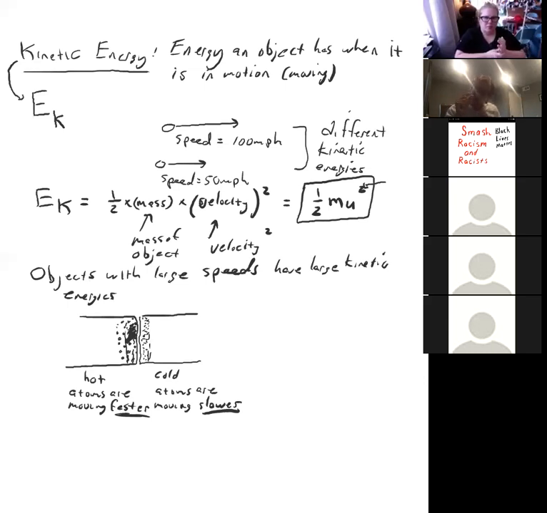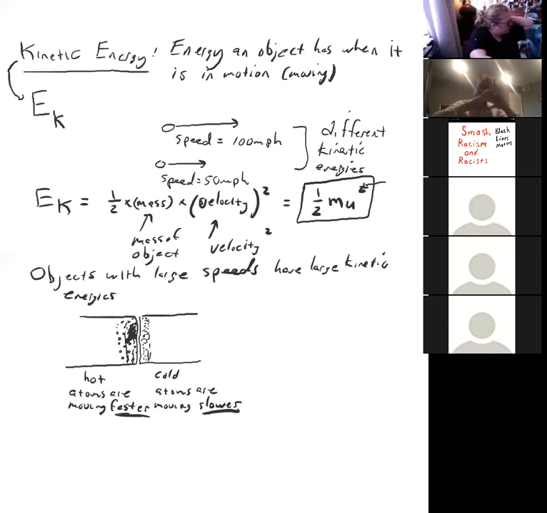They're not moving very quick, so they have less kinetic energy. So here's what happens. If you've ever played pool, if something is moving fast and it collides with something that's moving slow, what will happen is when the collision occurs, the object that was moving slower will now move faster. And the object that was moving faster will now move slower, right?